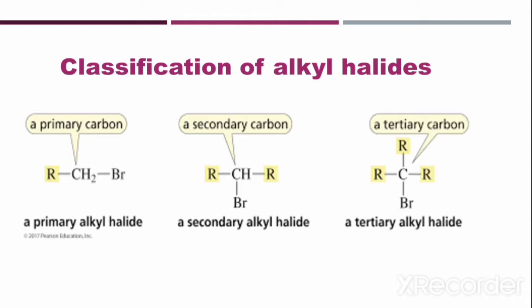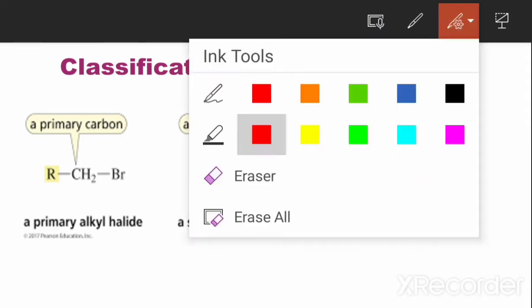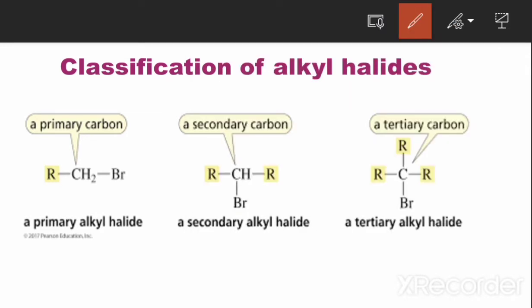So firstly, the primary alkyl halide. Why is it said to be a primary alkyl halide? Because when the halide is attached to an alkyl group, and this alkyl group is further attached to a single bonded alkyl group, it will form a linear chain and it is known as a primary alkyl halide.